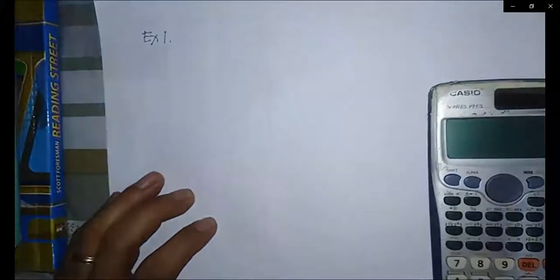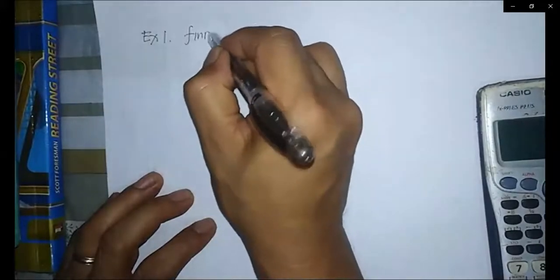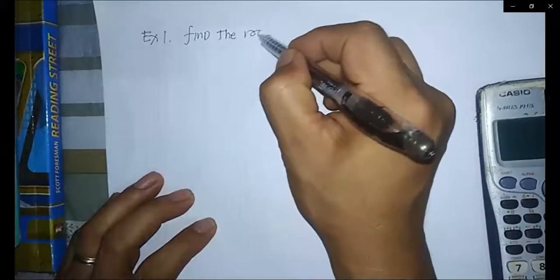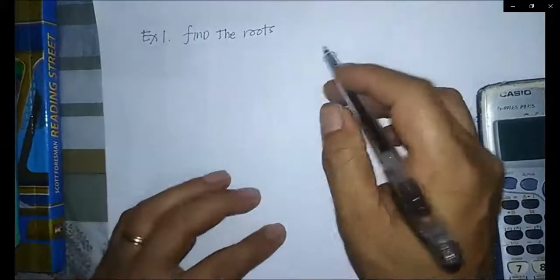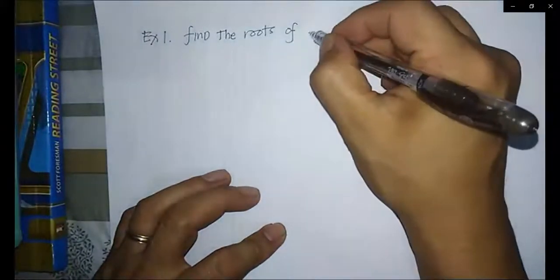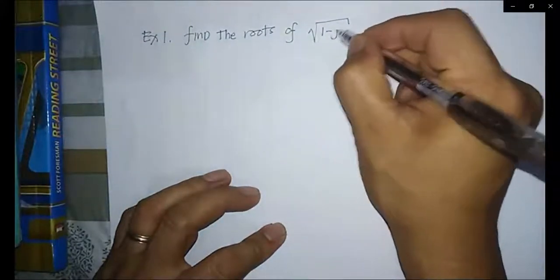So for our example number 1, we are going to find the roots of the square root of 1 minus j.